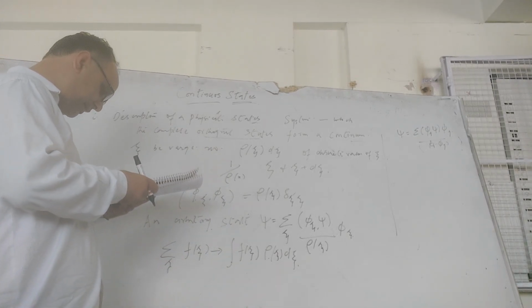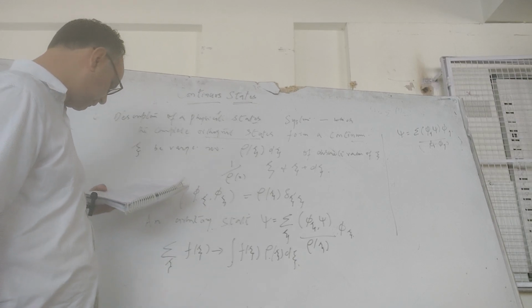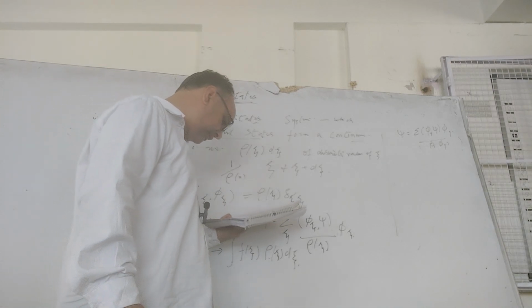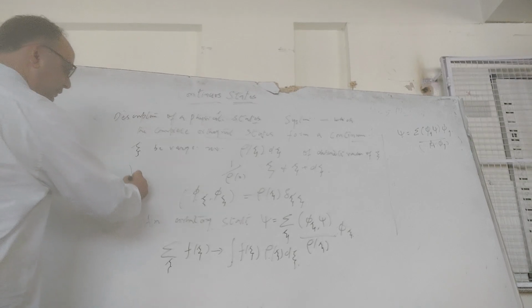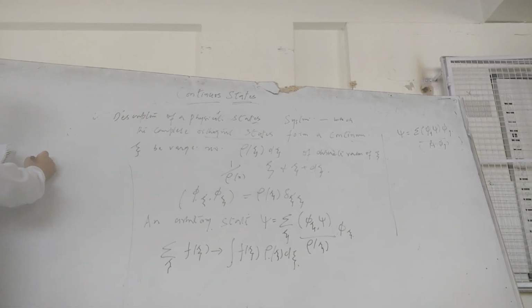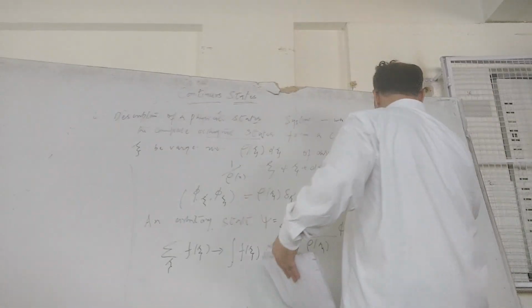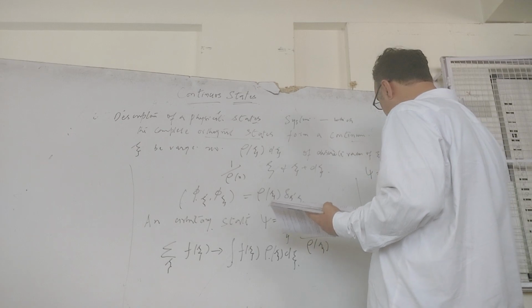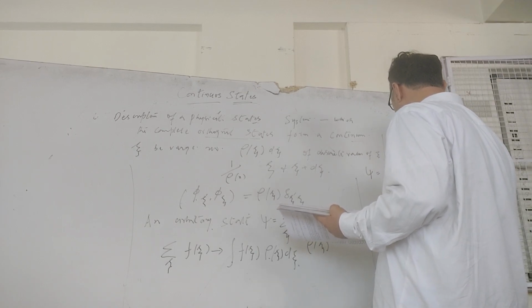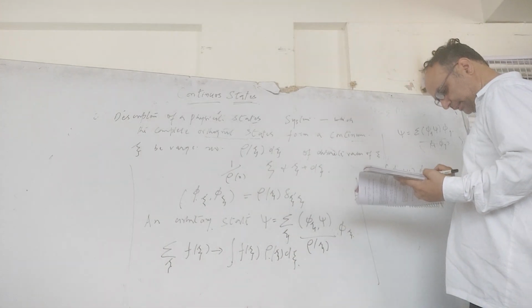So in the limit we can say psi can be written as the integral of phi zeta, psi, phi zeta d zeta.